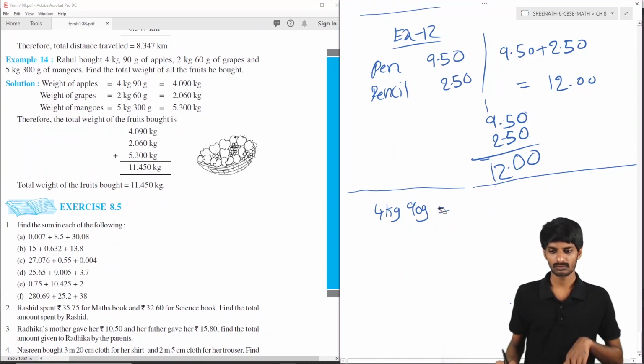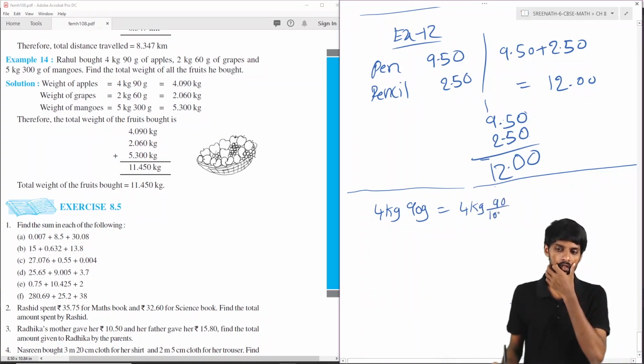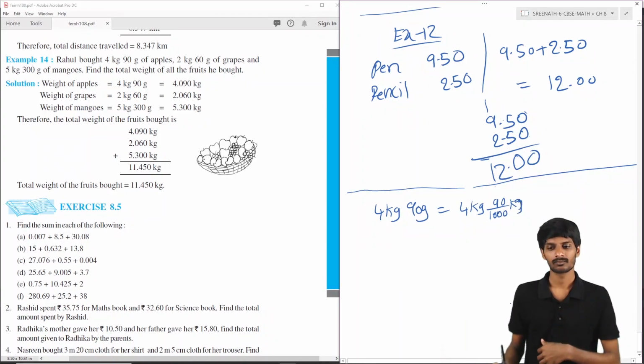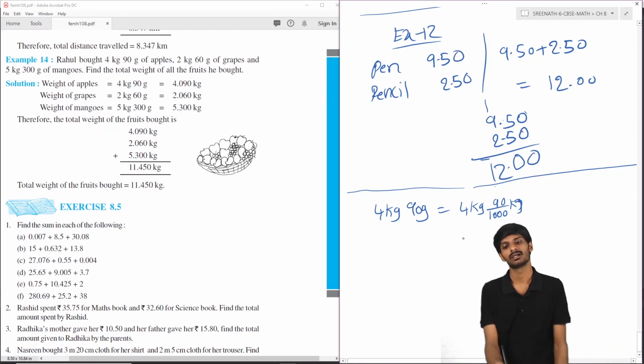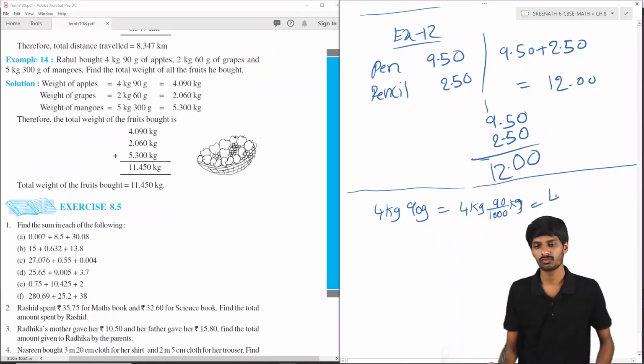I will explain. 4 kgs and 90 grams means 90 by 1000 kilograms, that is 0.09, so 4.090 kilograms.